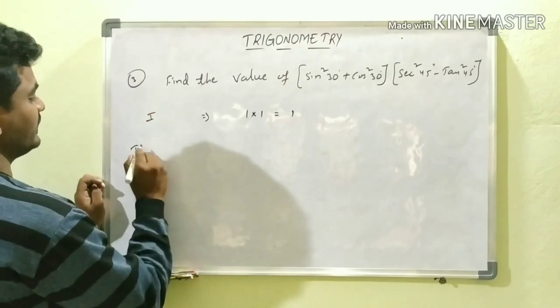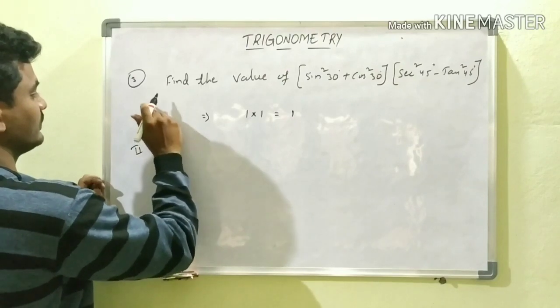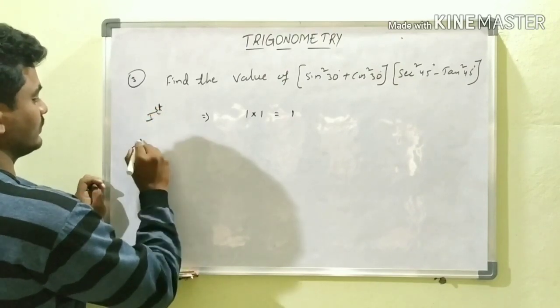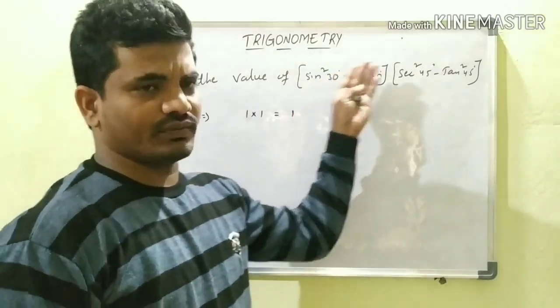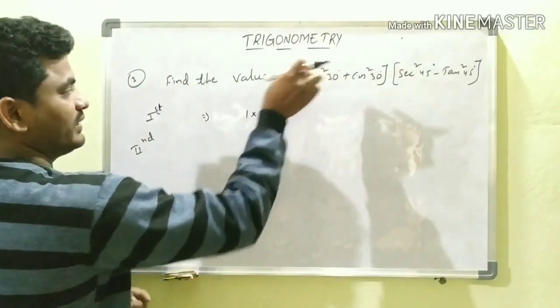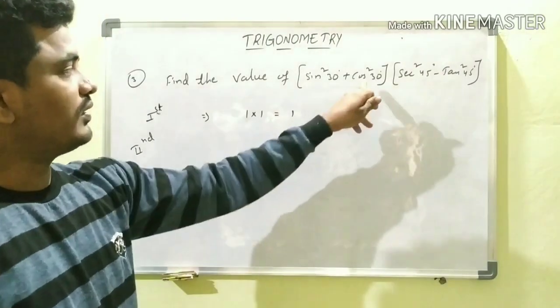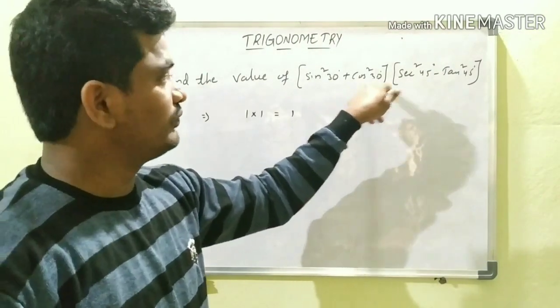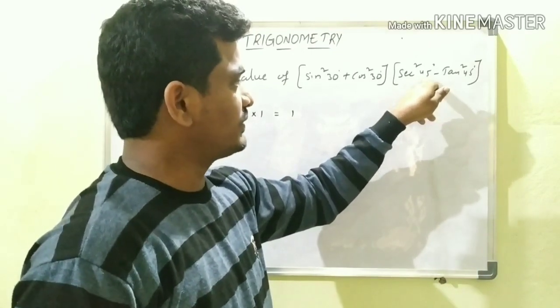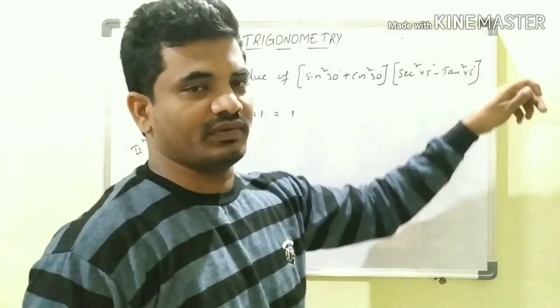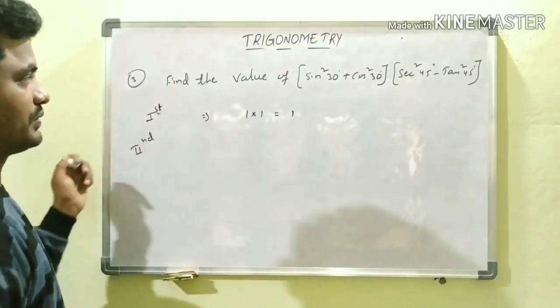And the second method is by substituting values. Sin 30 we know is 1 by 2, cos 30 is root 3 by 2, sec 45 is root 2, and tan 45 is 1. Those values we are going to substitute here.